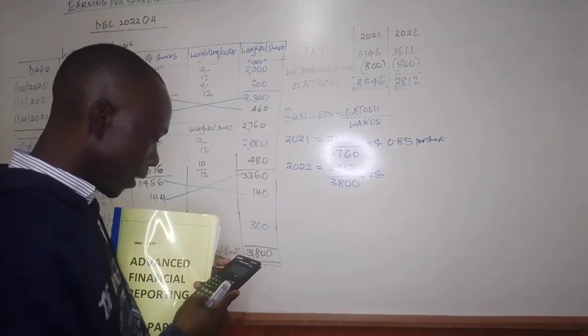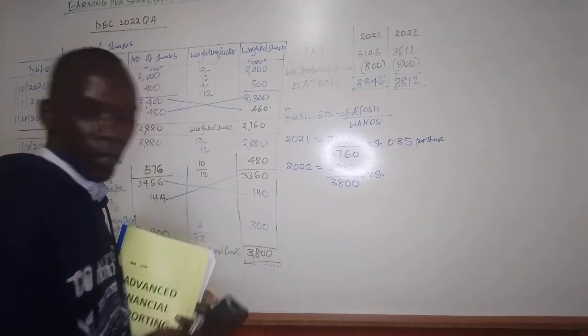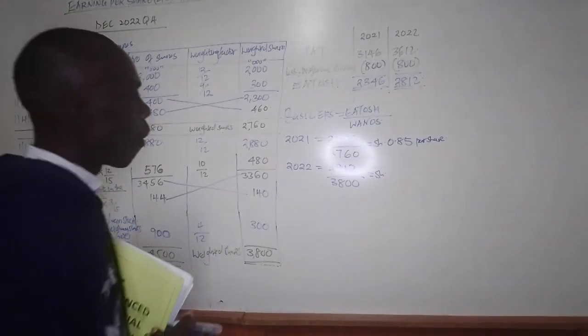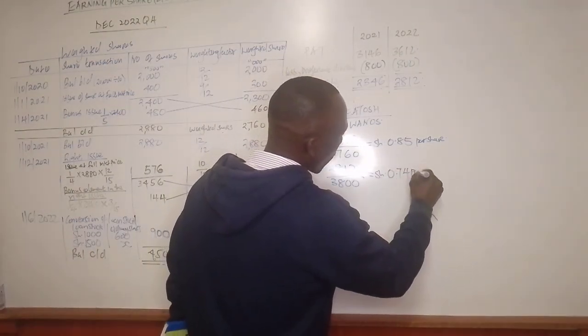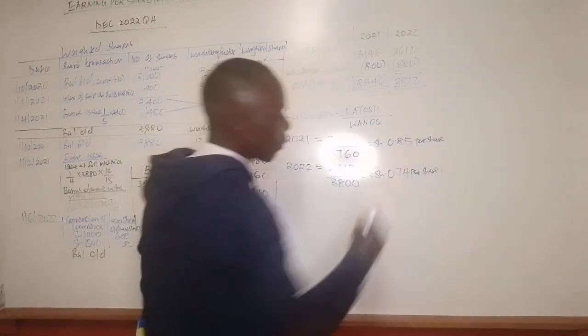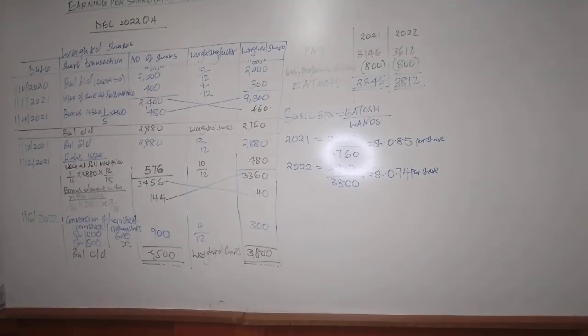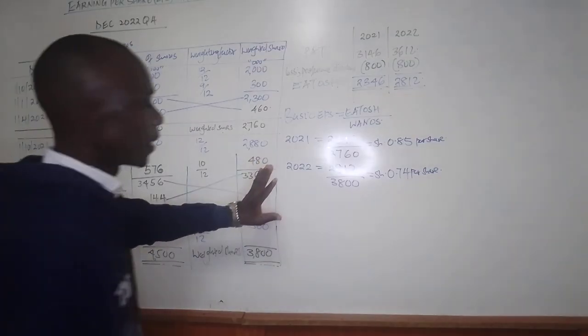So in this case, we have 0.74 per share. So that's how we are supposed to compute the basic EPS.